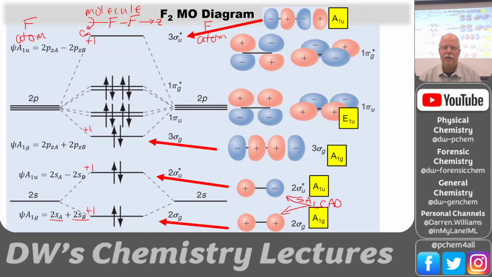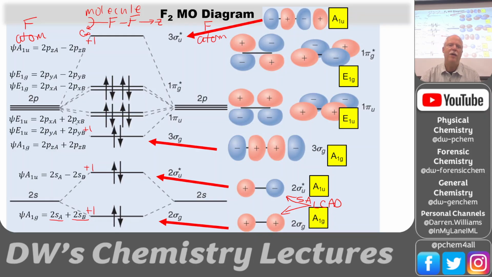Okay, but then we have the E combinations, the X and Y combinations. So this is 2px on atom A plus 2px on atom B, or the YA plus YB. And then here's the minus combinations. And this is E1g, the 2px on atom A minus Y. So here you've got an extra node, so that's breaking the bond. Here they both have nodes that contain the bond and the pi interactions. That's why we call it side on.